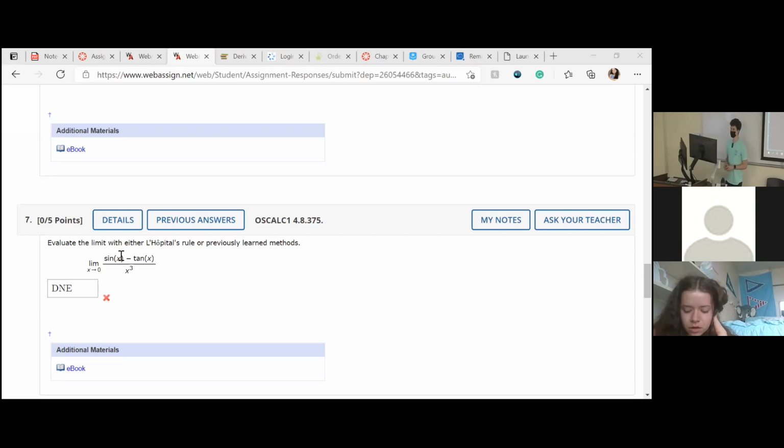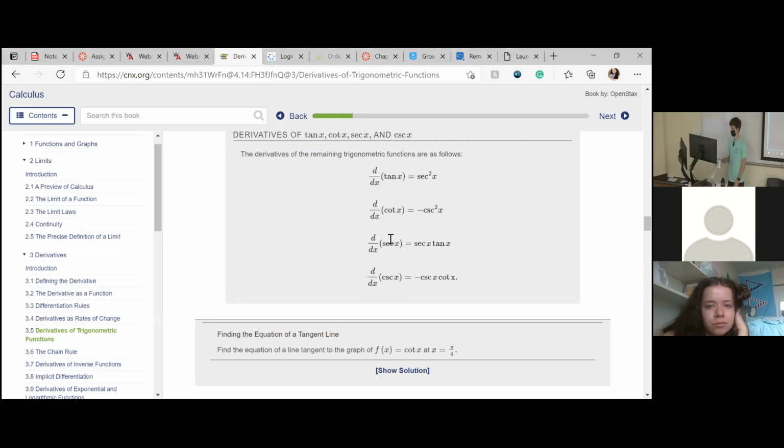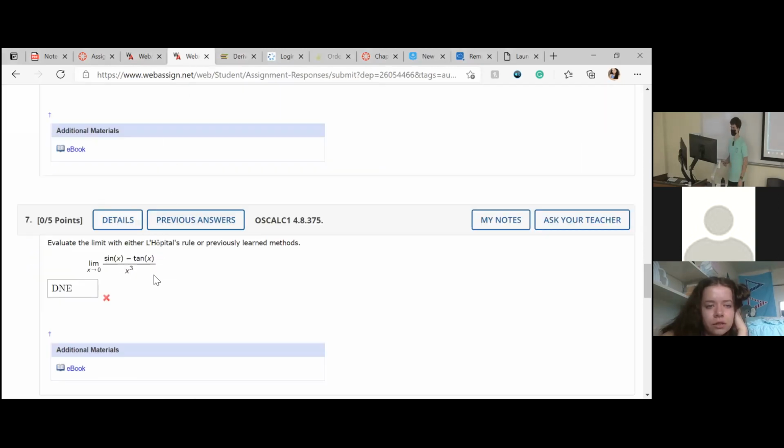So what's the derivative of tangent of x? Is it not secant? Wait. Yeah, it's secant squared x. Okay. Oh wait, but that's sine over cosine, isn't it? Wait, no.